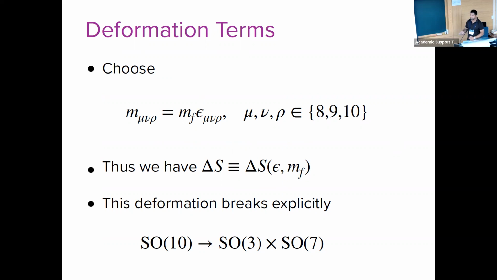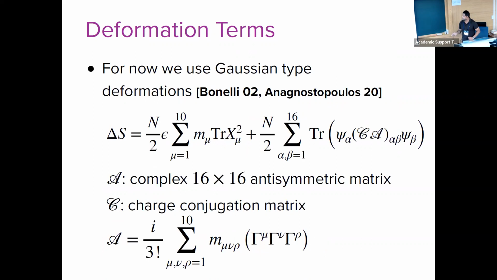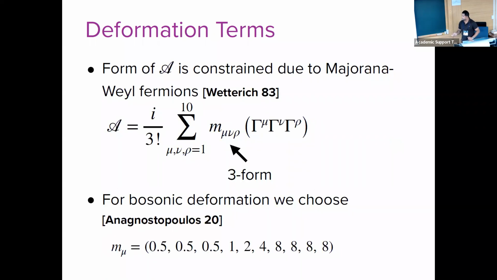David, could you go back a second? You have the bosonic mass terms. I see an SO3 symmetry and an SO4 symmetry. But that one also kind of breaks further, right? Yes, it already has an SO3 in it and an SO4 in it.